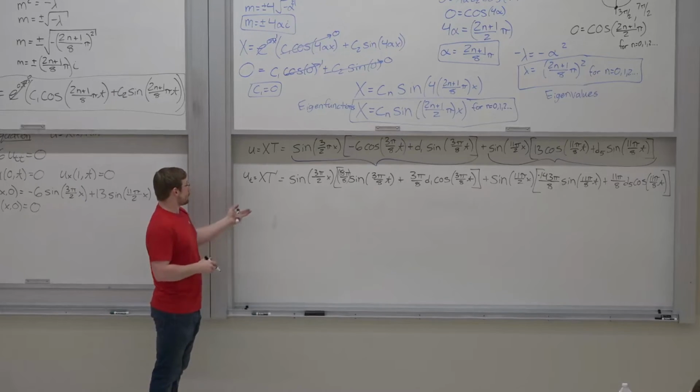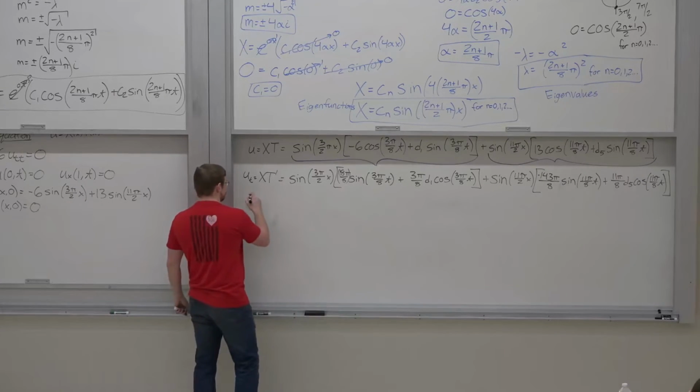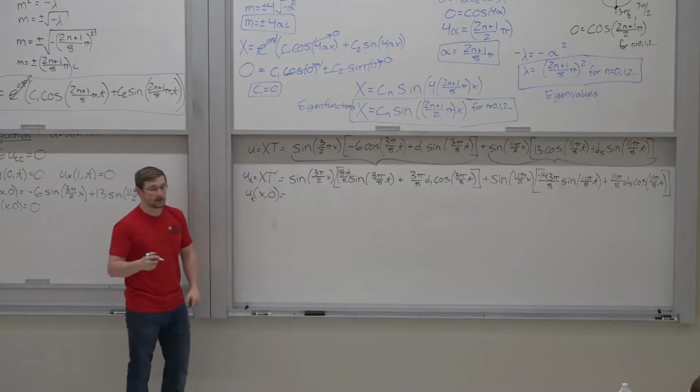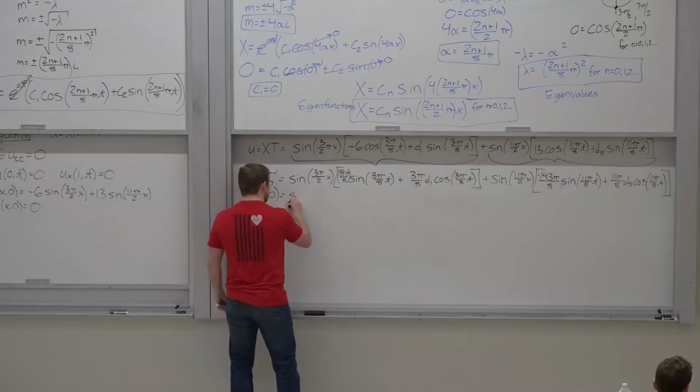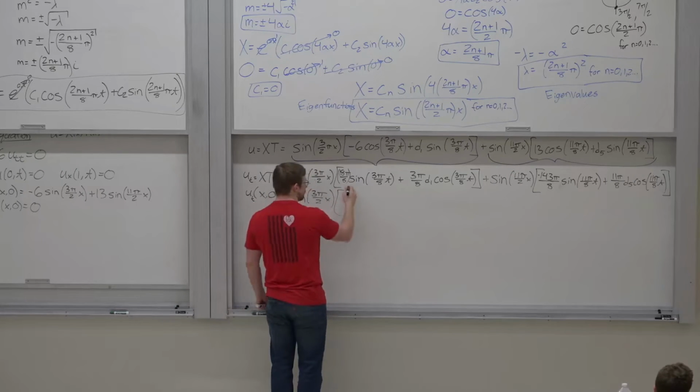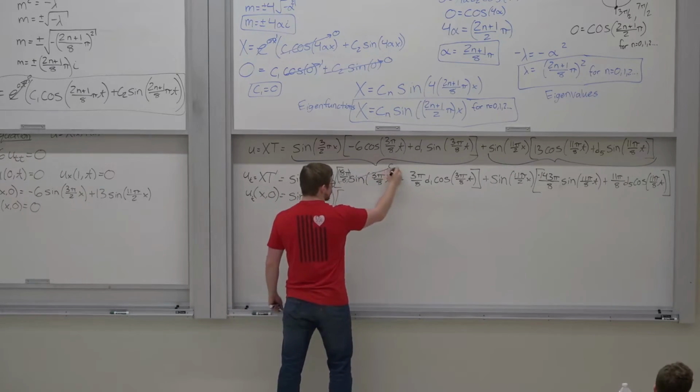But now I can plug in u_t at x comma 0, and I can plug in 0 for all my t's. So I have sine of 3 pi over 2x times this whole thing is going to go to 0.